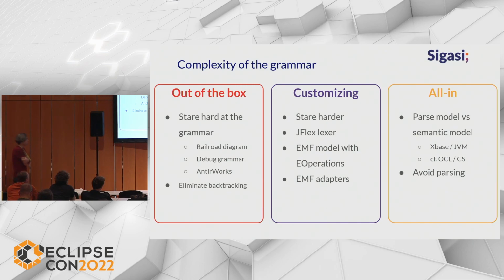Language complexity is something where you don't get a lot of support from the Xtext editor. Whenever you figure there's a problem in your grammar, like the MWE workflow emitting errors from ANTLR, there are not many means to track those down. The best option is literally staring hard at your grammar and enabling a debug grammar feature, which emits a reduced version of the same thing that can be introspected with ANTLRWorks.